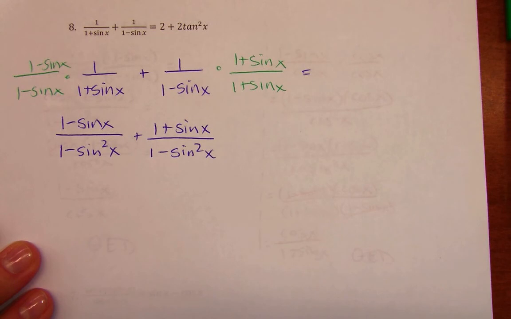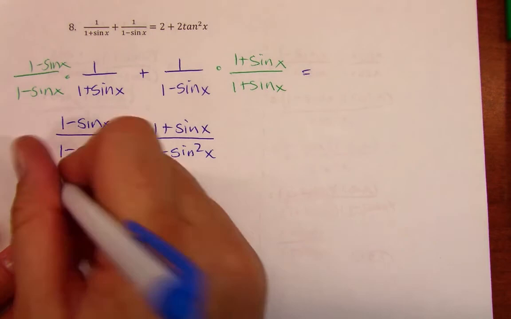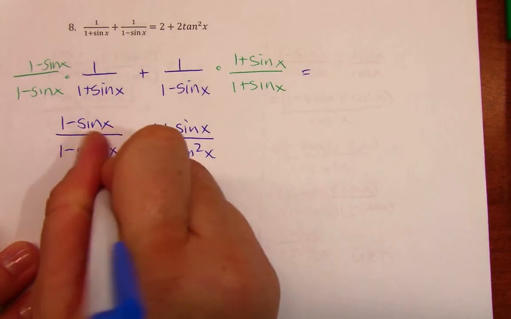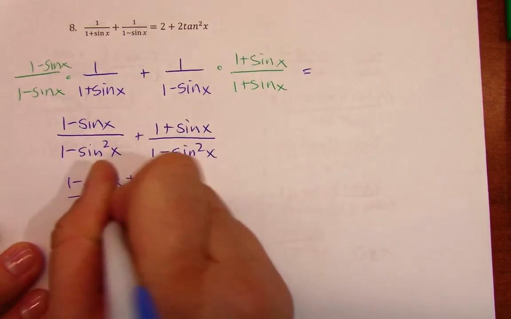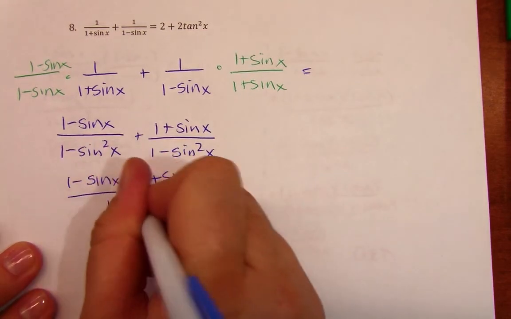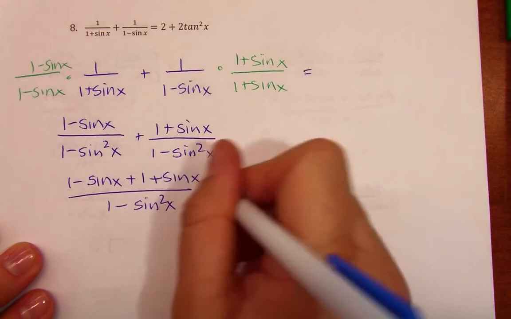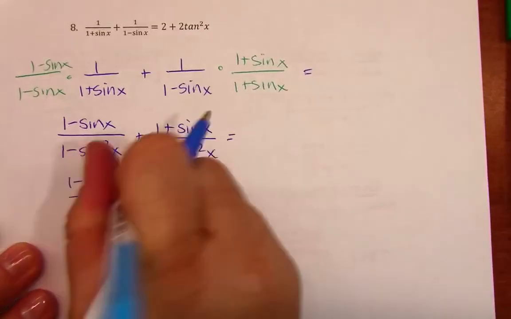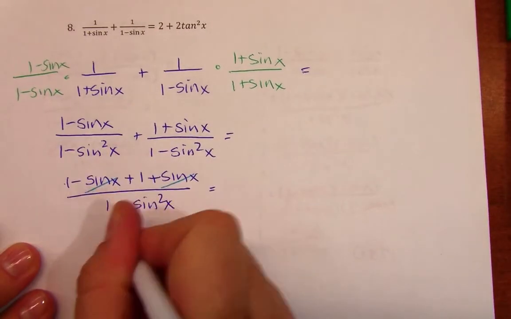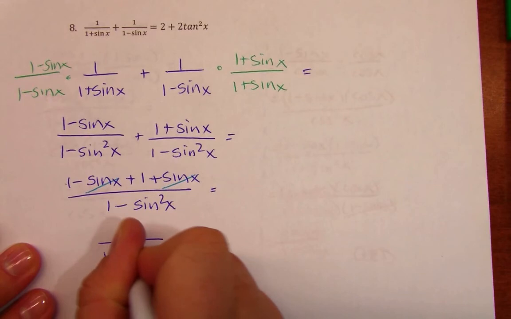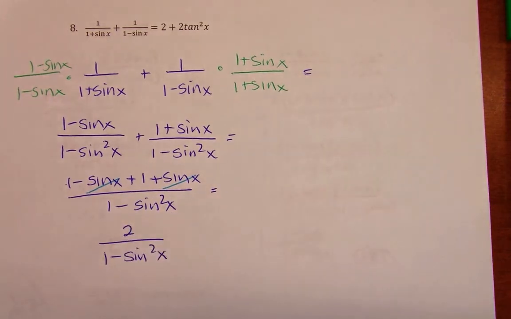And we can combine these into one fraction here. And we can see here that my sine terms are going to cancel out. So now I have 1 plus 1 is 2 over 1 minus sine squared x.